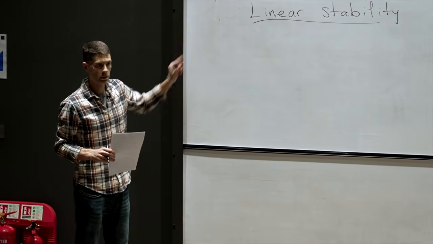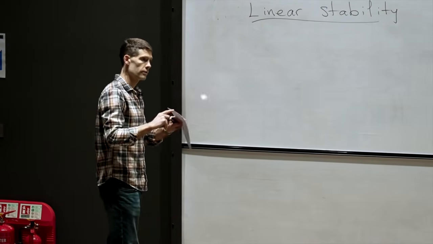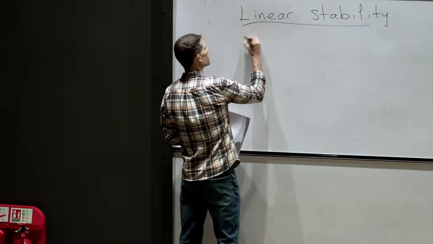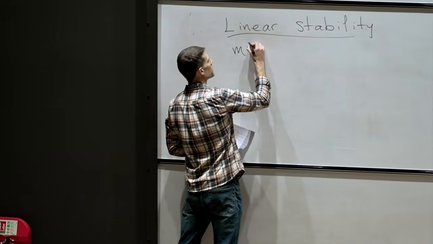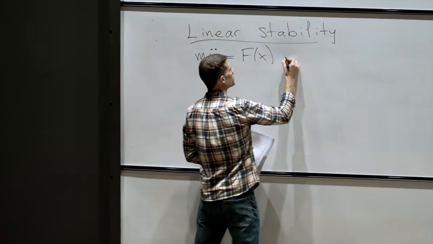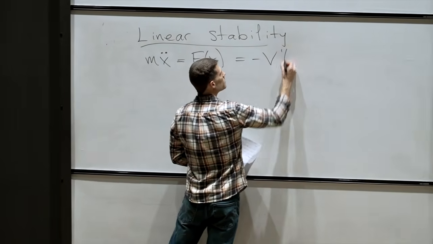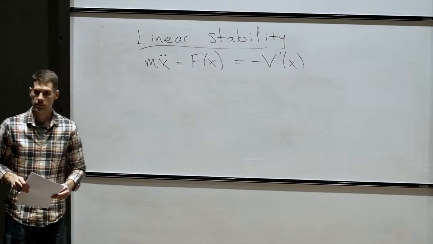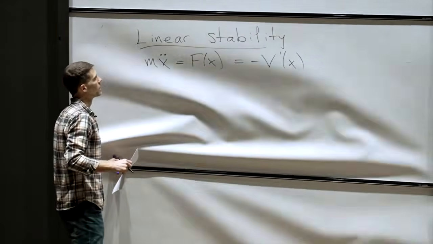So we're talking about linear stability of a dynamical system, one-dimensional. So we have our m x double dot is some f of x, and in terms of an energy, that's minus some V prime, the potential energy.